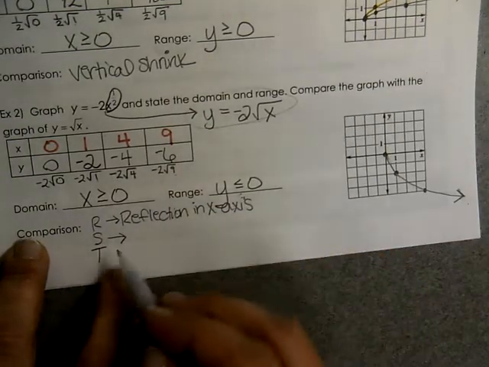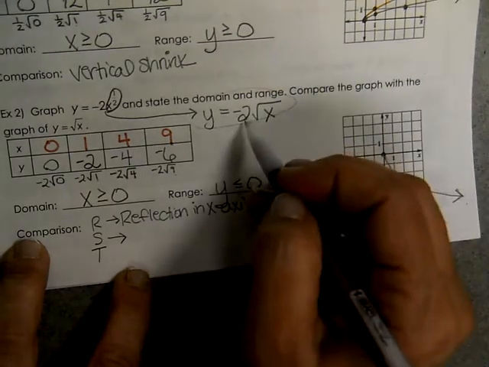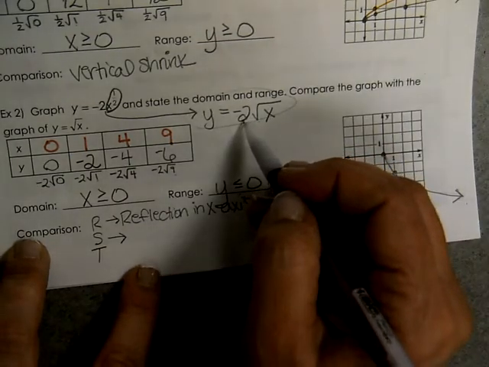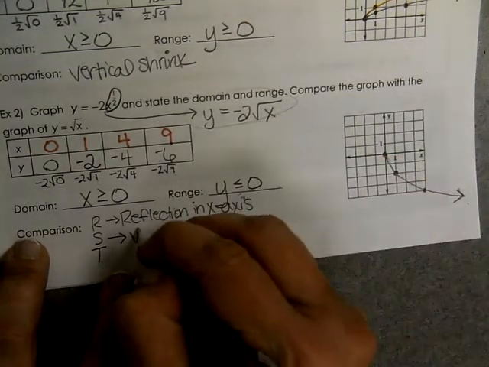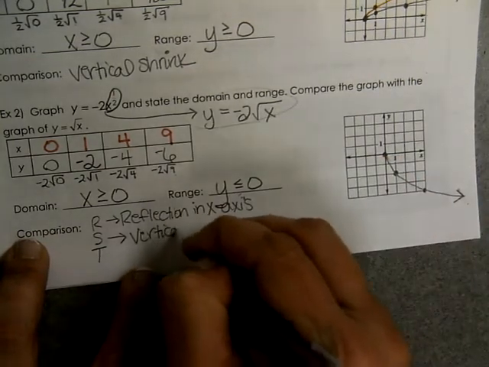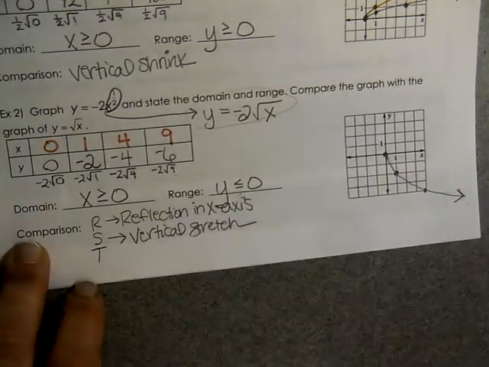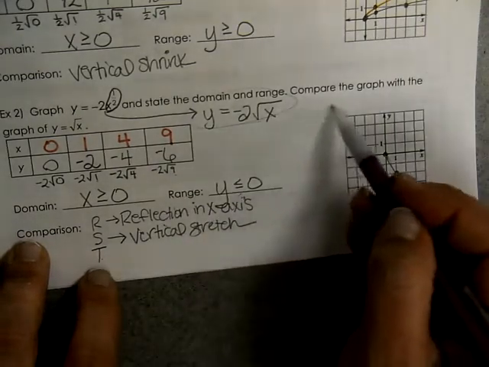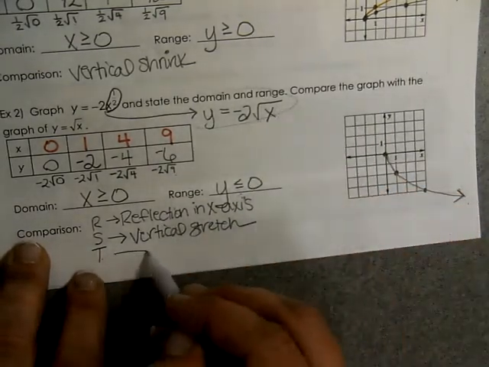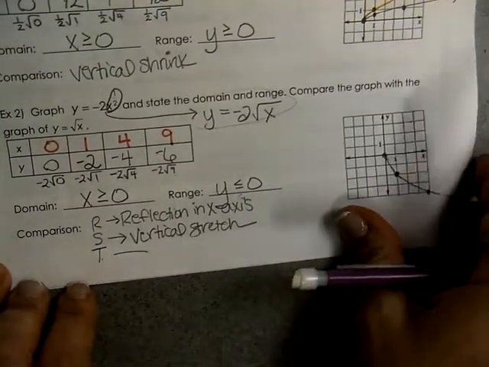Our S, we might not be able to tell by looking at it, but we can look again at the equation at the absolute value of A, and we see that that's greater than 1, and so that means that there's a vertical stretch by a factor of 2. The T was the H and K, which are both 0 here, so we don't have any translation to deal with. Okay, so that's example 2.